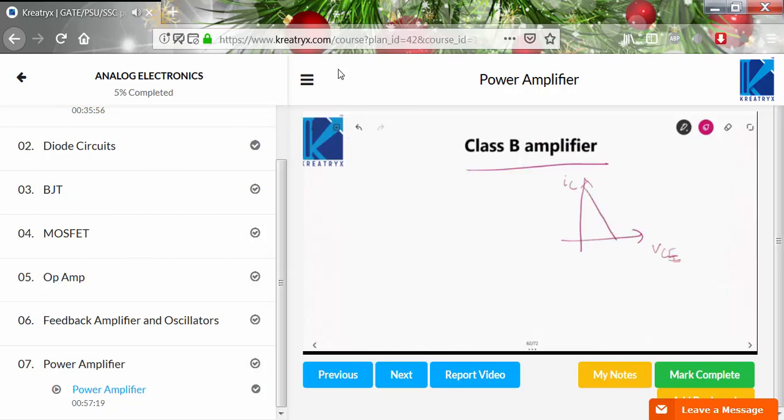Extreme ends means this point, either saturation or cutoff. Also in class B power amplifier, the output current is half sinusoidal, or the conduction angle is 180.